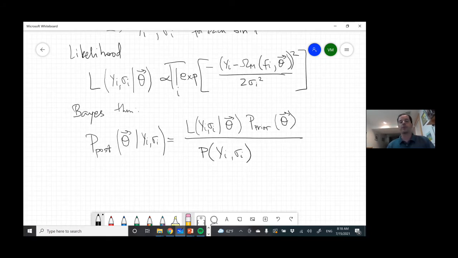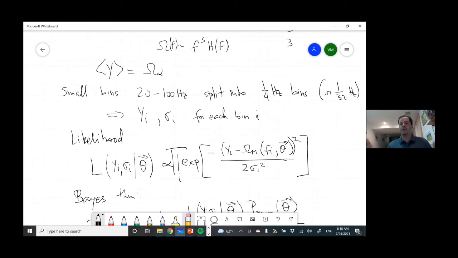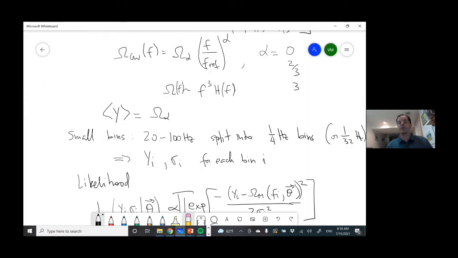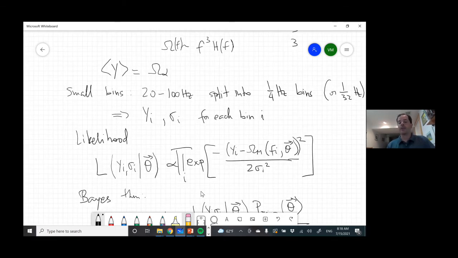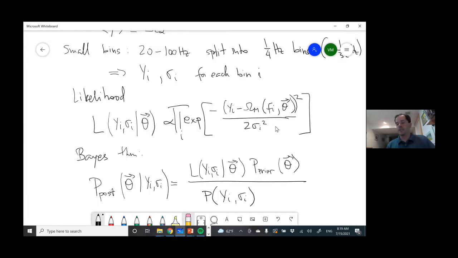So once again, to show the big picture, once we repeat the analysis in each of the small frequency bins, and we get the estimates of our cross-correlation estimator y in each frequency bin and the corresponding errors, we can define this likelihood function, which is basically a simple Gaussian distribution.